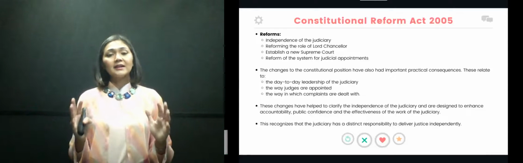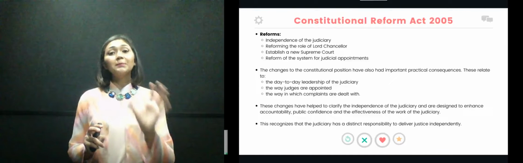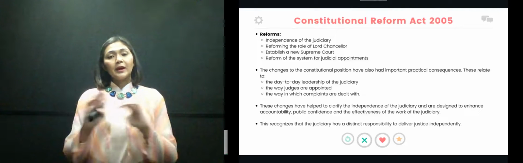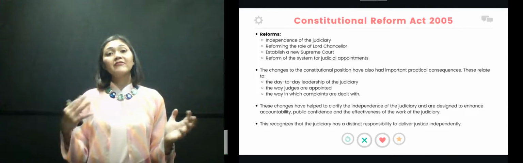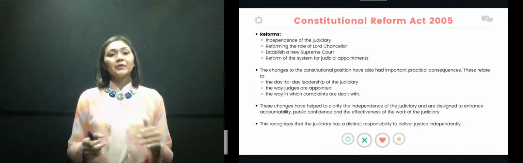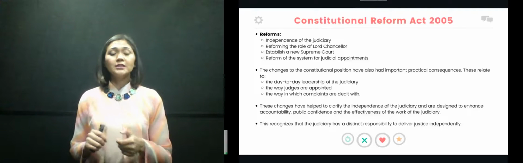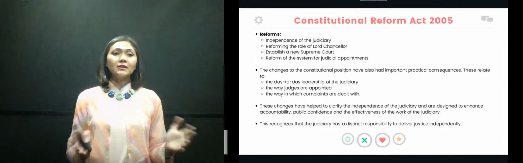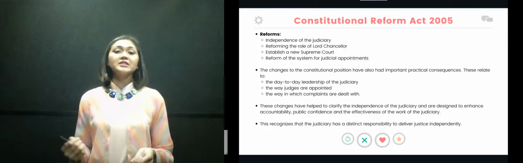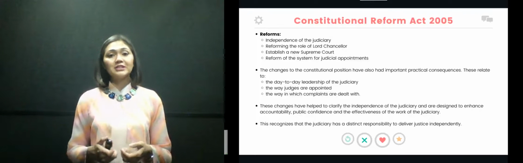This act deals greatly with emphasizing the independence of the judiciary, that the judiciary needs to act neutrally and without any advice or perspective from other departments, and not be biased. The CRA also talks about reforming the role of the Lord Chancellor, replacing the House of Lords with the Supreme Court, and also reforming the system of judicial appointments, so how judges are appointed in the first place.